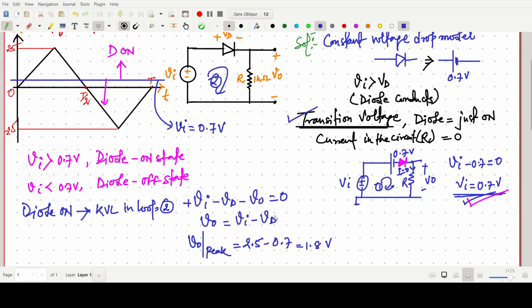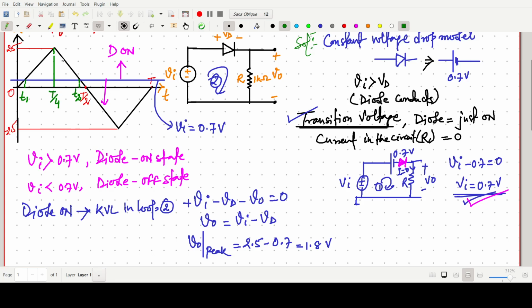If we want to draw the output waveform, I am just writing here: this point is T1 and this point is T2, and in the middle is the T by 4 point. T by 2 is this point, so the middle, T by 4, is just half.